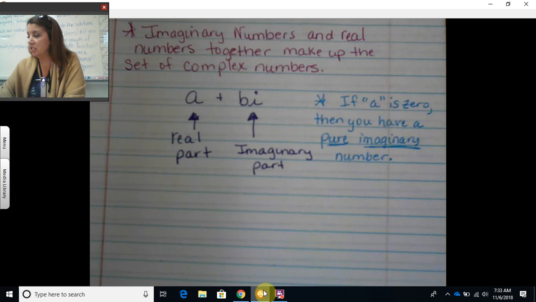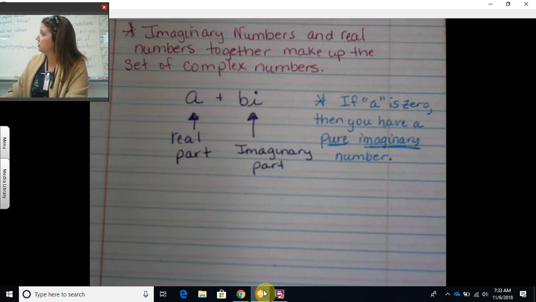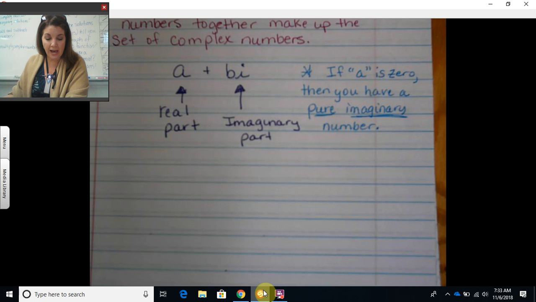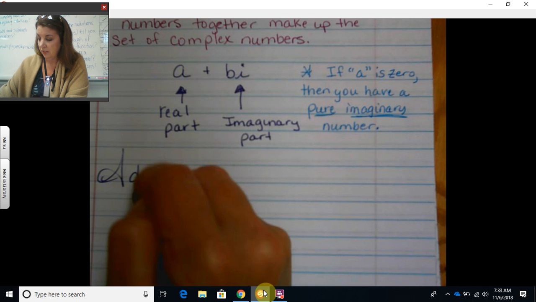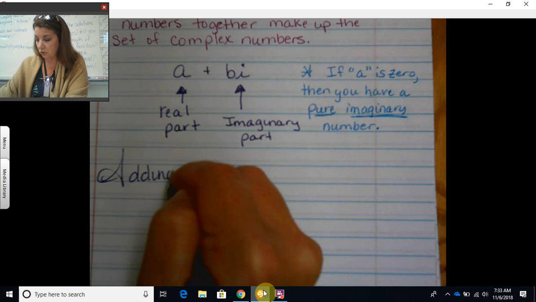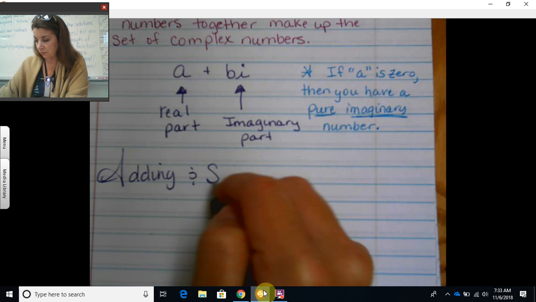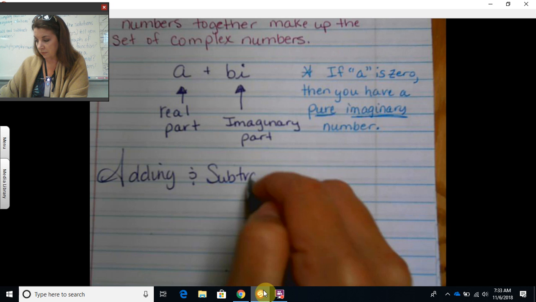Alright, so the first thing I'm going to show you how to do is how to add and subtract complex numbers. Adding and subtracting complex numbers.